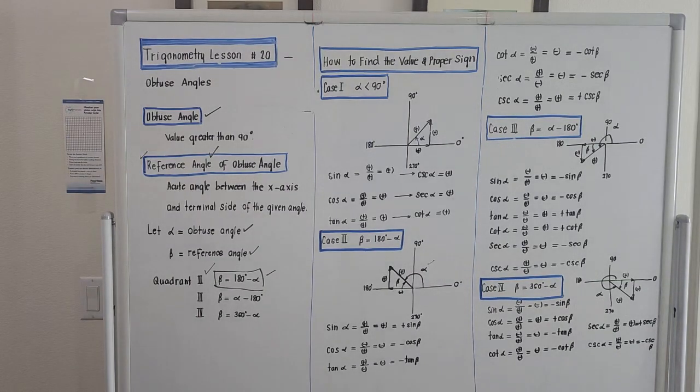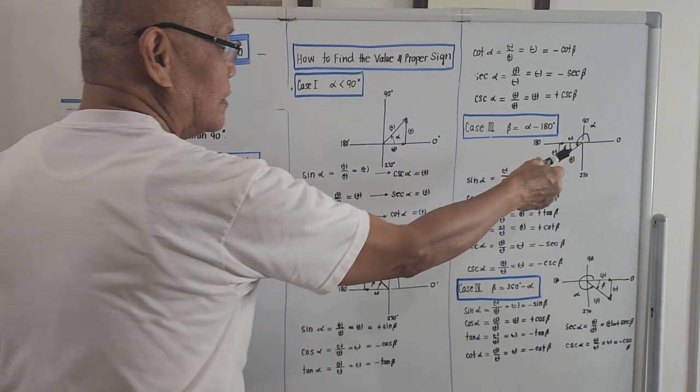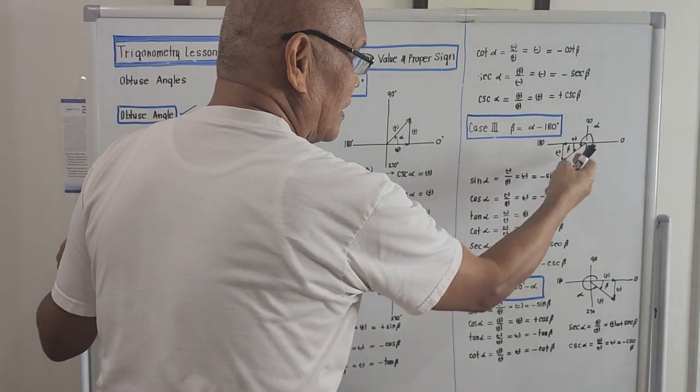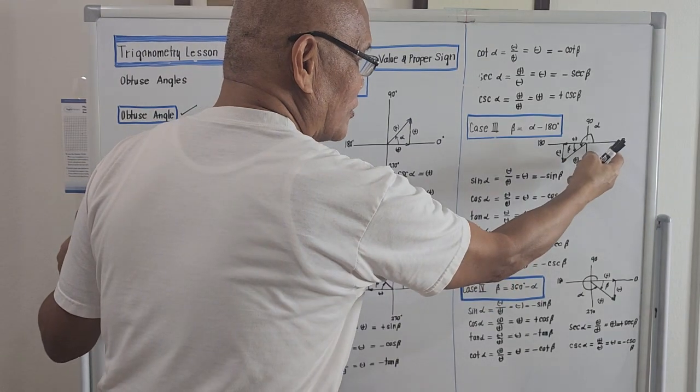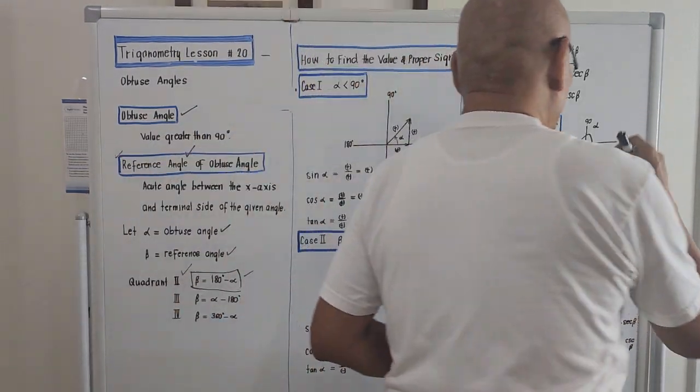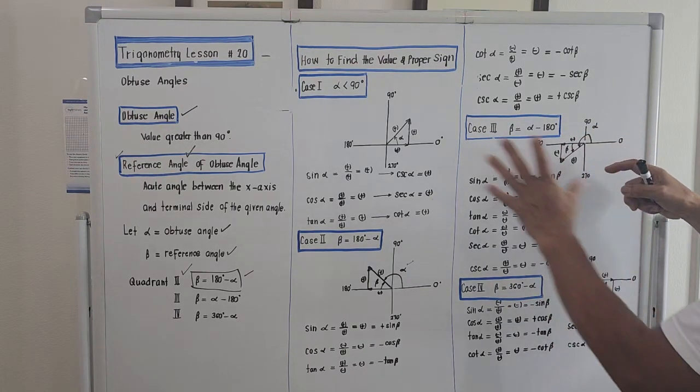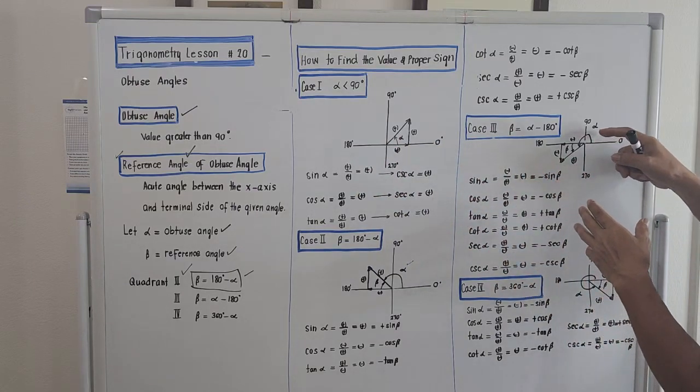Okay? If the angle falls under quadrant number 3, this will be. Right? So originally, this angle here emanates from the 0 degree line. So actually, this is our alpha. And beta, as per definition, is the reference angle of this alpha here.